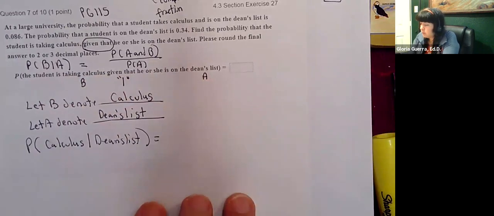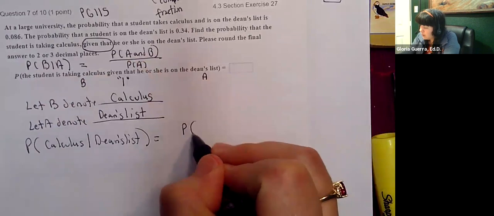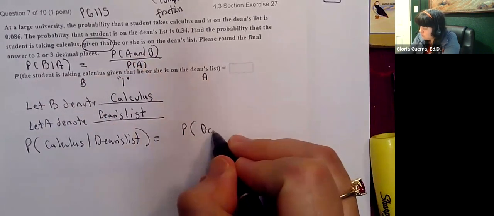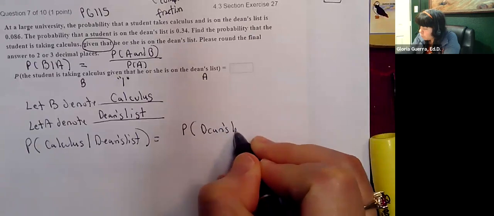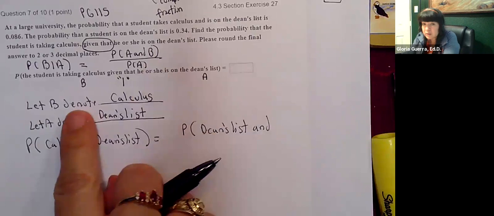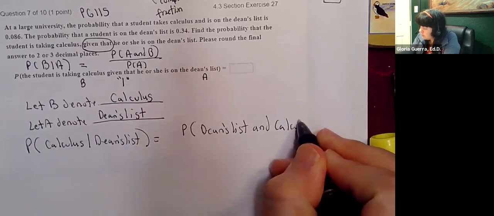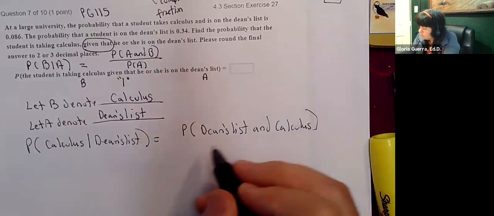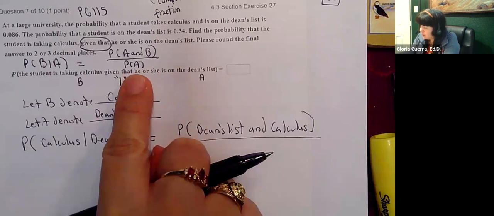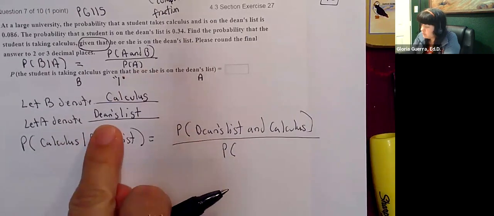Okay, so now I'm going to substitute this part in. So probability of A and B, and remember A is dean's list, and B is calculus. Okay, and then all over probability of A, which is dean's list.